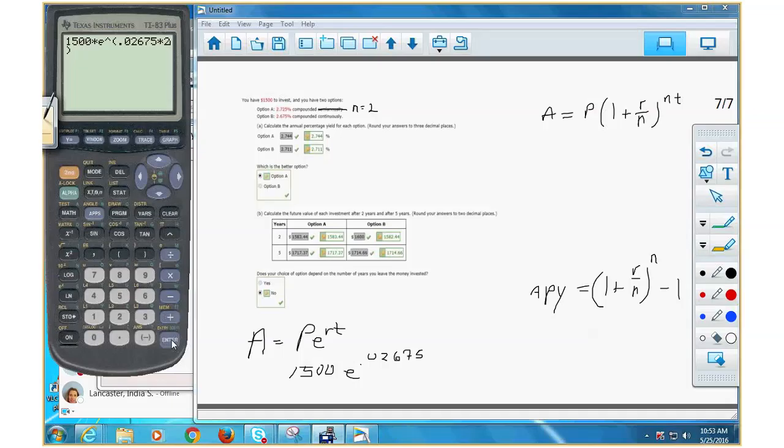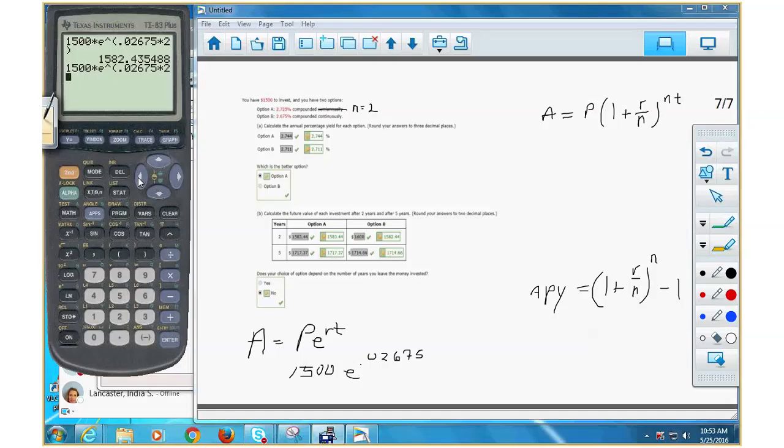And enter. I got 1582.44. So write that down as continuously at 2 years.